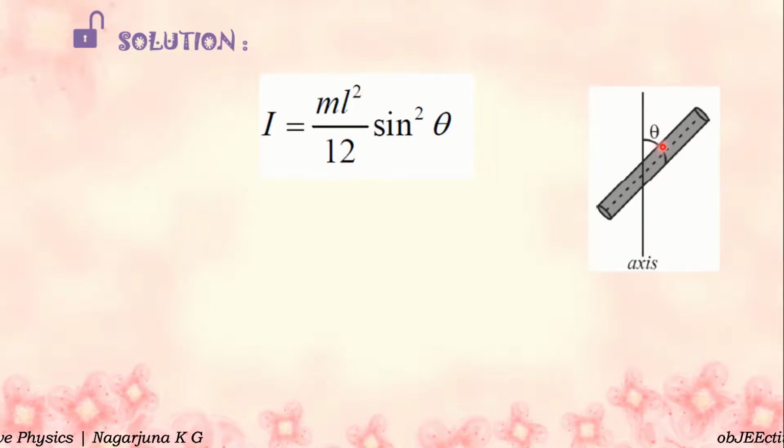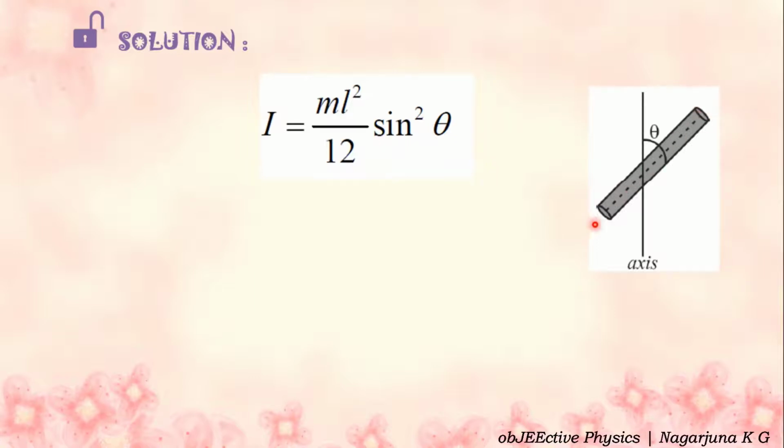But here now the length of the rod is making an angle theta with the axis of rotation. Now the length of the rod can be divided into rectangular components with respect to the axis.